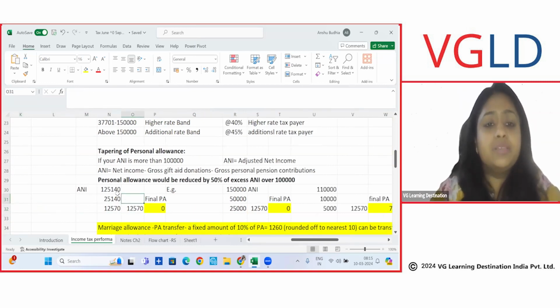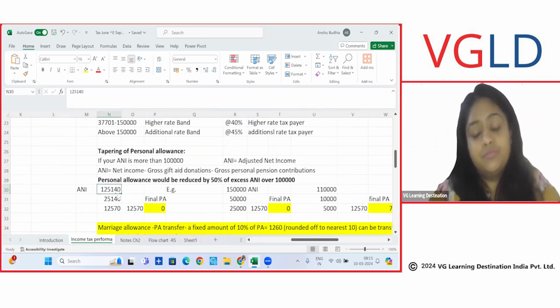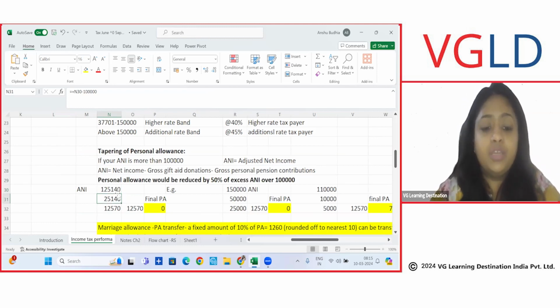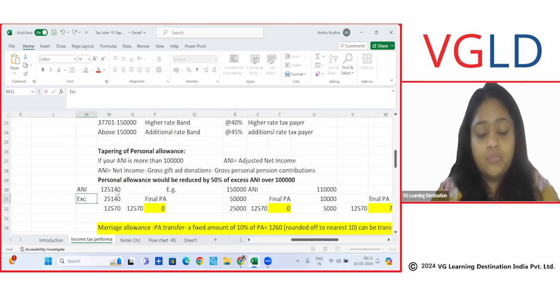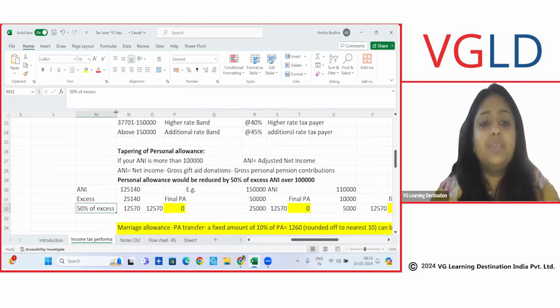Okay, now let's take one more example. Suppose my ANI is 125,140. Excess is 25,140. 50% of excess is 12,570.